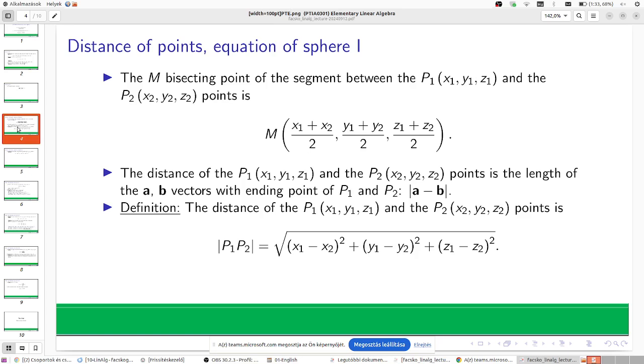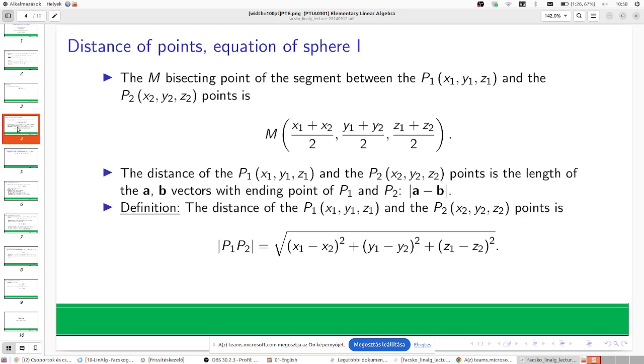I have 2 points, and the points are equivalent with the R1 and R2 vectors. The end of the vector has the same components, the same coordinates as the points. So the distance between the points is this one.